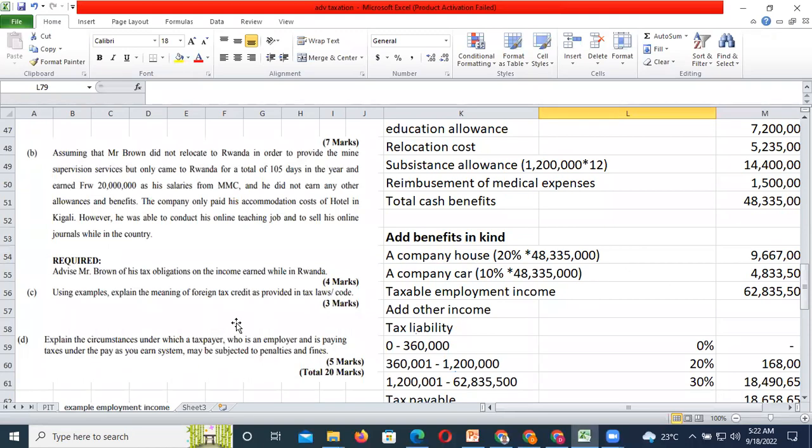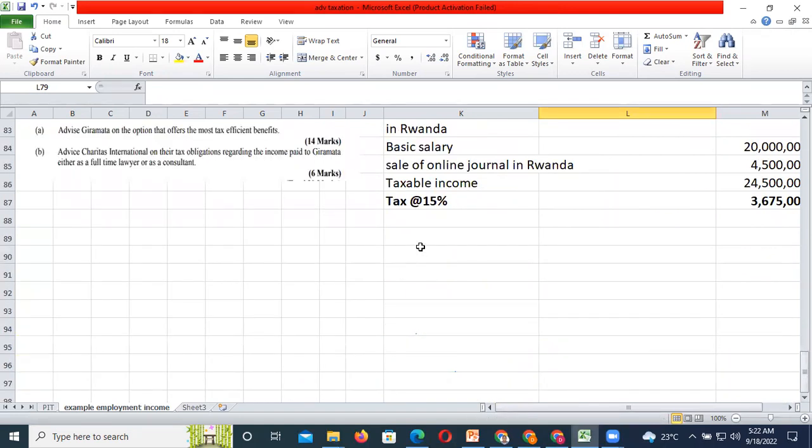Explain the meaning of foreign tax credit. I did not talk about it, but maybe I can answer it and I will not teach it again. Part C, we talk about a foreign tax credit. Remember the other day when we were discussing a resident, one of the implications in the taxation of a resident, we said that a resident individual is taxed on the income generated within and the income generated outside.